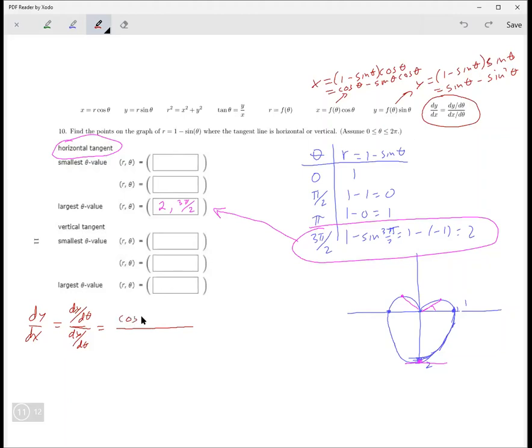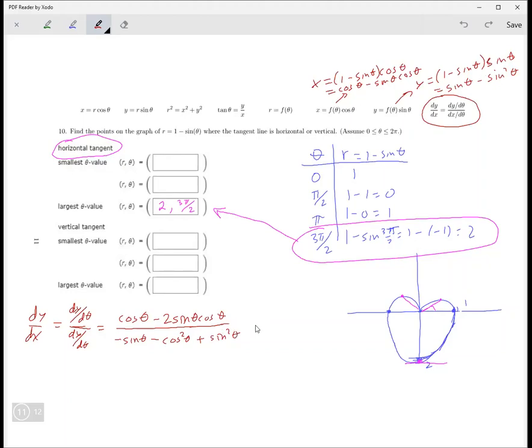So that's going to be cosine theta minus 2 sine theta cosine theta. That's the derivative with respect to y. And then dx/d theta would be the derivative of this with respect to theta. That's going to be negative sine theta minus, okay, so then we have the derivative of this, which is cosine theta. So it's cosine squared theta, and then plus sine squared theta.